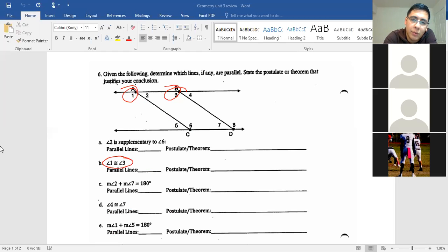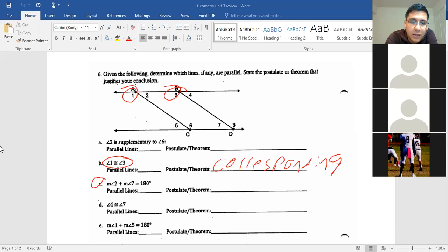So that's an example of what we'd call a corresponding angle. And this is corresponding because they're basically the same angle, just in different parts. But if they're corresponding, that also means that they are congruent.